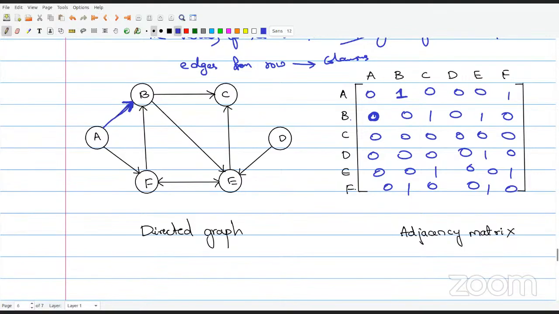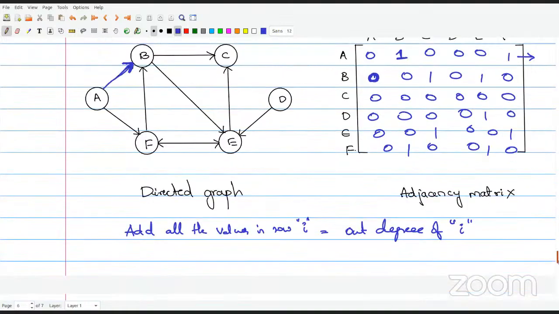Now if I add all the values in row i, what will I get? Out degree. Correct, out degree of i.